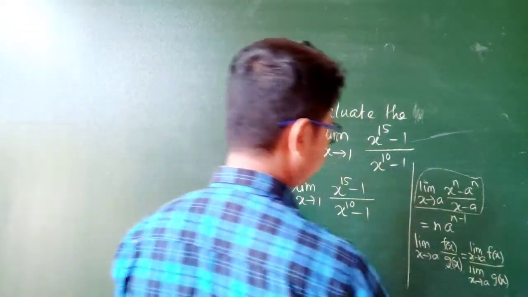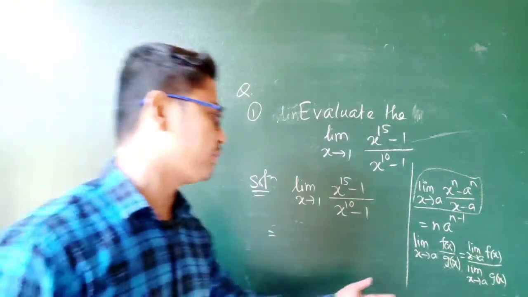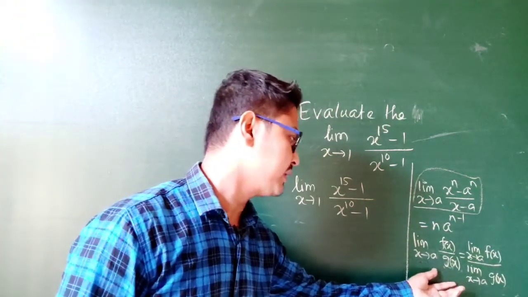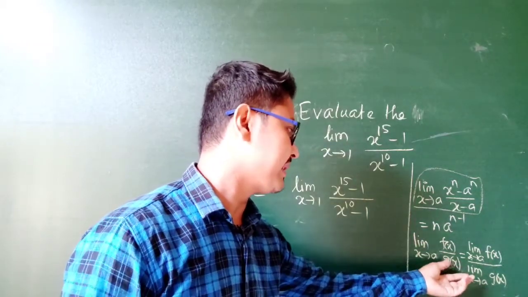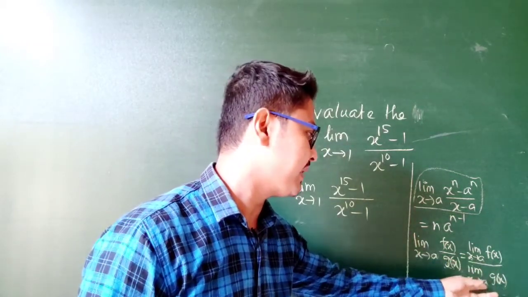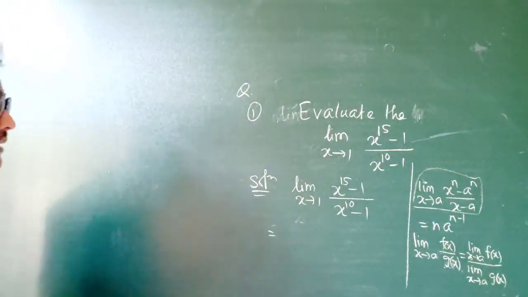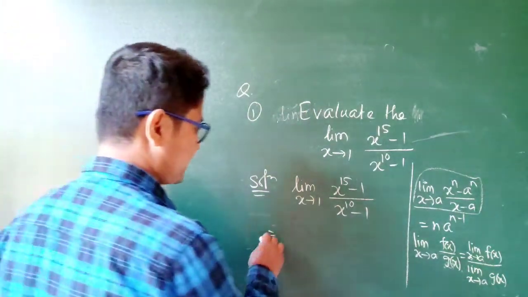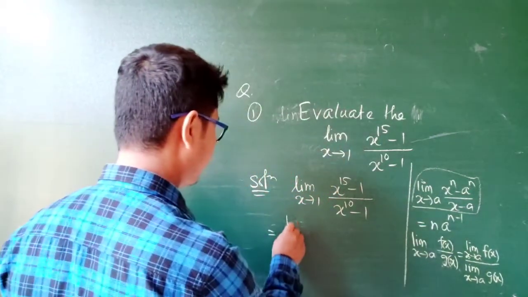So this is the algebra of limit for a division of two functions. That means for a rational function, we get this algebra of limit. Right? Now by separating this limit, by using this algebra of limit, what do we have?